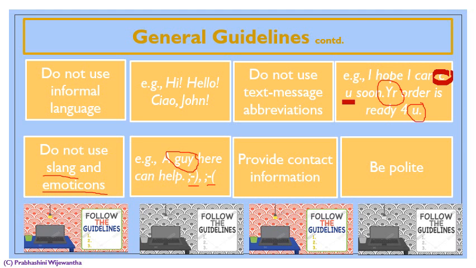Anyway, when you are writing an email or letter or whatever, you may have to mention the contact information of the writer: the name, the designation, the email address, and maybe the mobile number or the telephone number. Once you provide the contact information, it is very easy for the other party to get back to you.